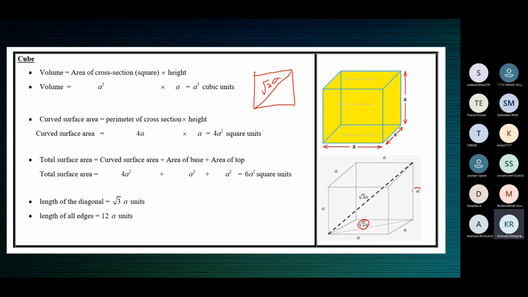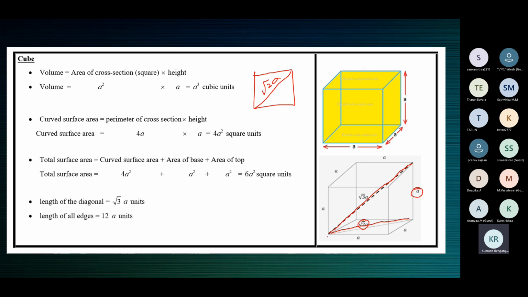This is the height of the cube, a, and this is the diagonal of the cuboid. This is the diagonal of the square face. Diagonal is the line segment joining any bottom corner to its opposite top corner.